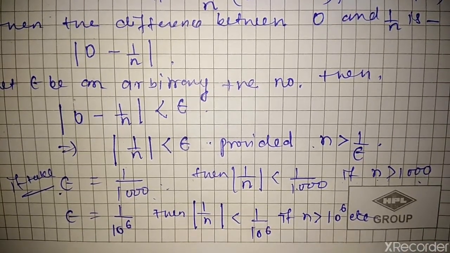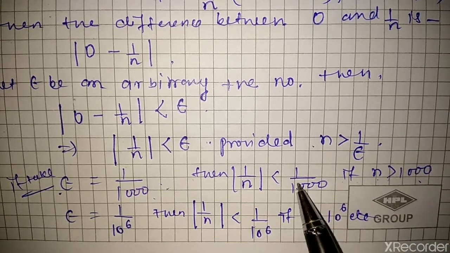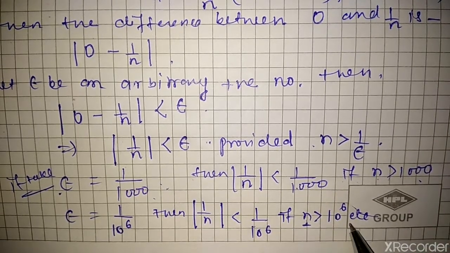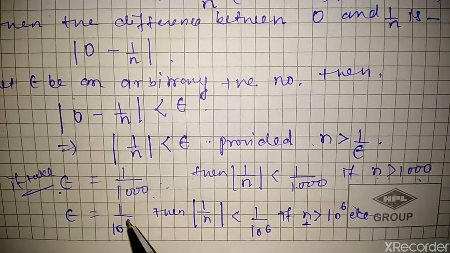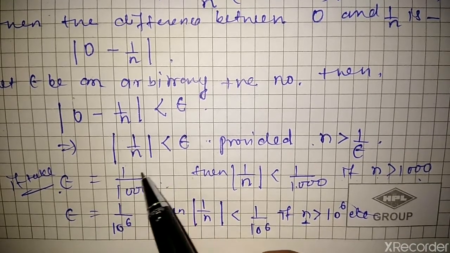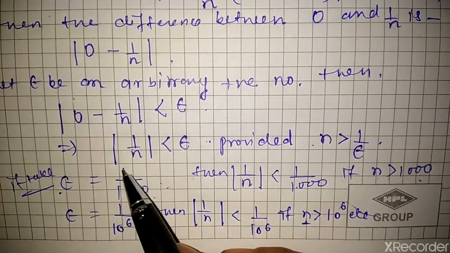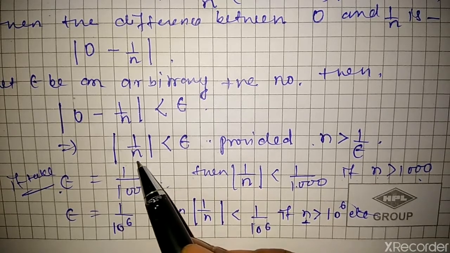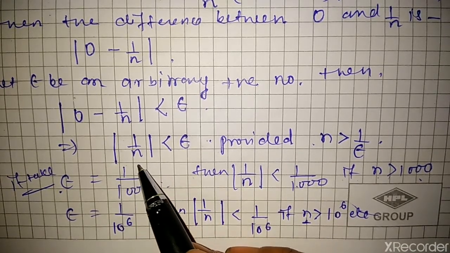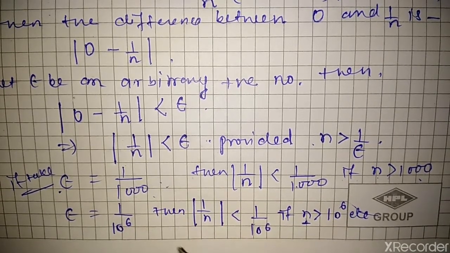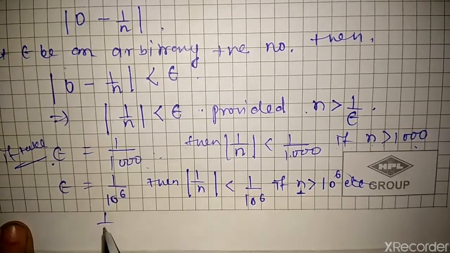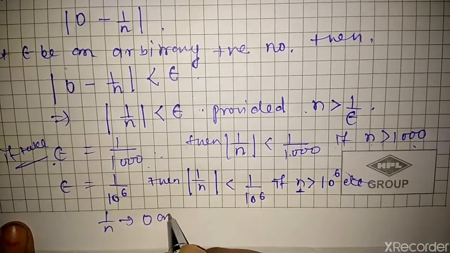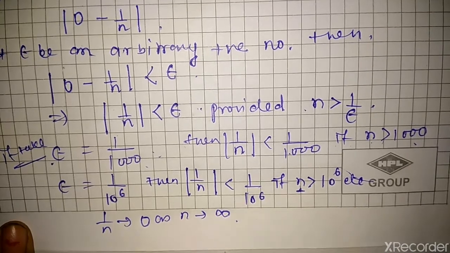This means if we take n sufficiently large, then 1 by n becomes sufficiently small, and we can make it smaller than any quantity we like. In other words, 1 by n tends to 0 as n tends to infinity.